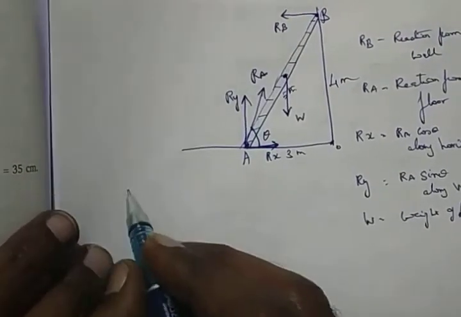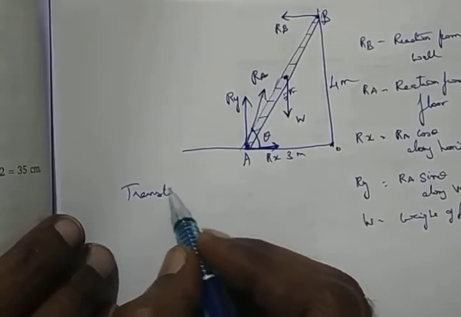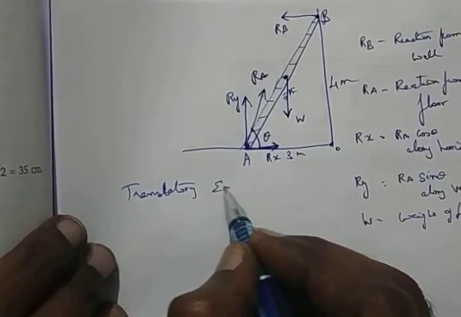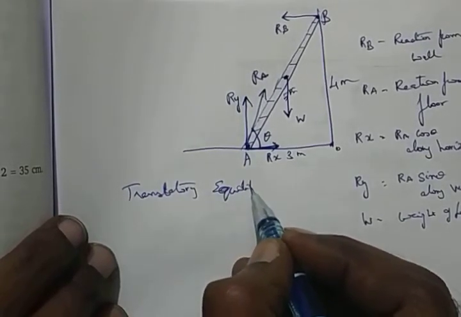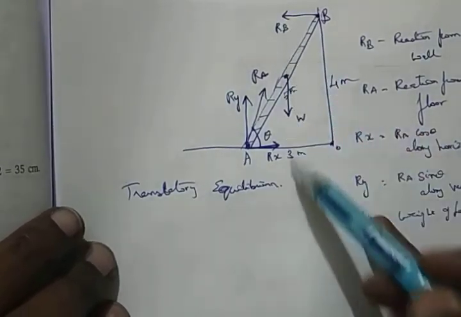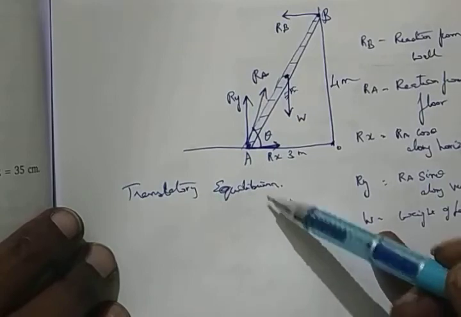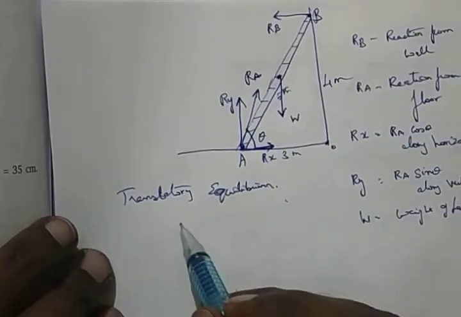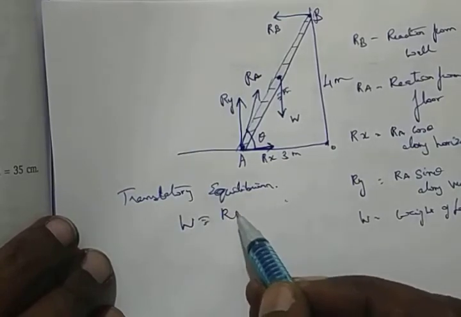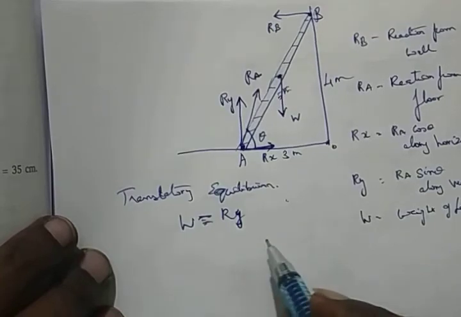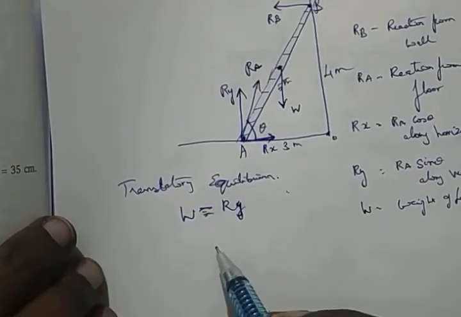Okay, translational equilibrium. What is the translational equilibrium? Weight acting down and force acting upwards. Down is W and up is Ry. And then one more force is also there.